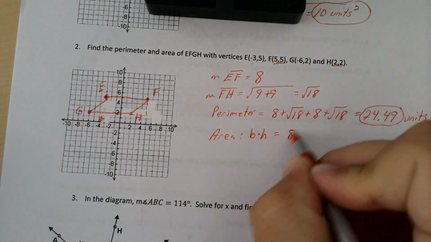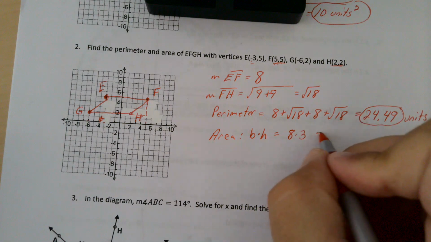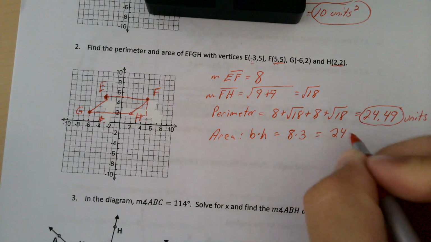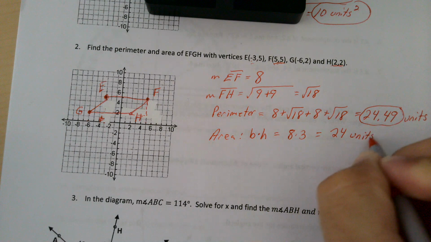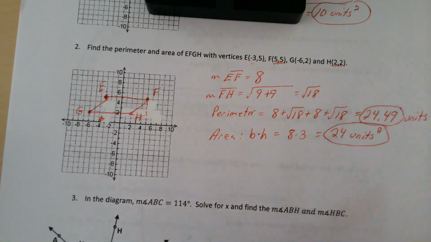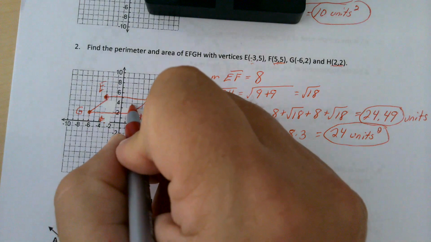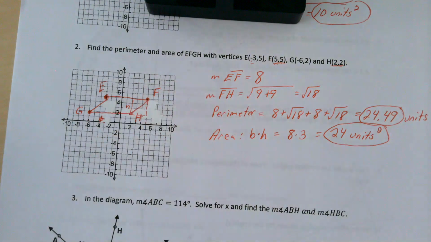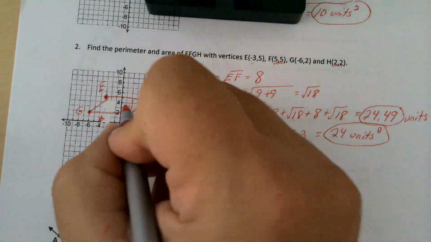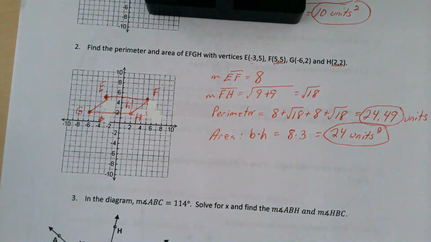In this case, it's 8 times 3, which will result in 24 units squared. You could also look at it from here. Right here, 1, 2, 3 is the height, which we know is 3 blocks. Okay, so hopefully that makes sense.